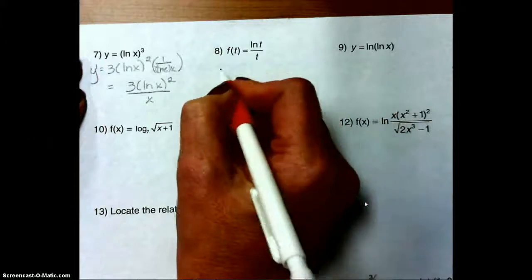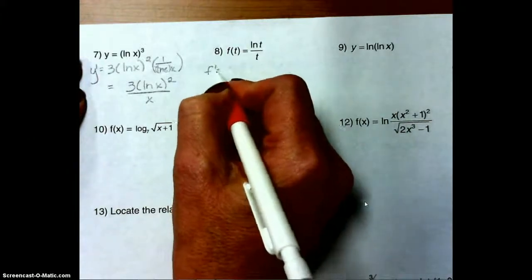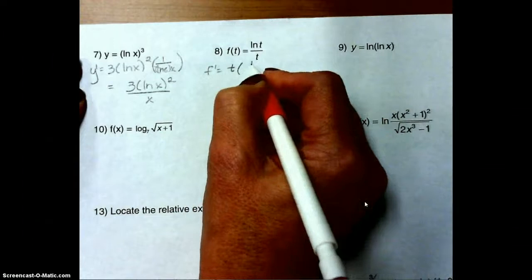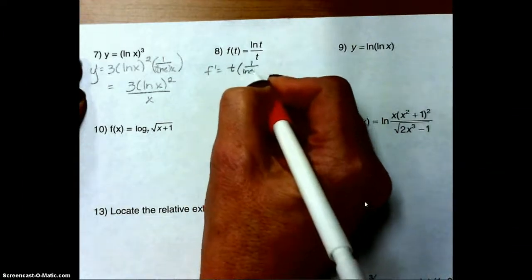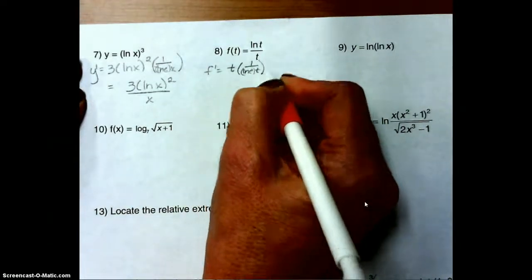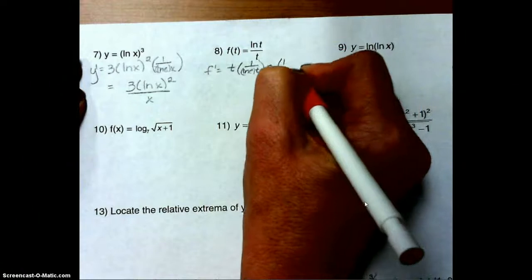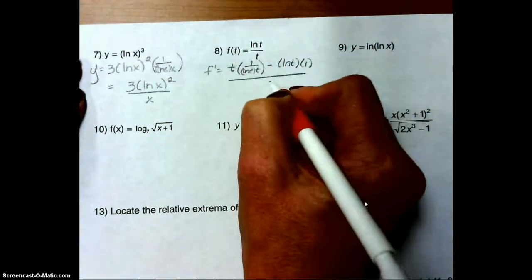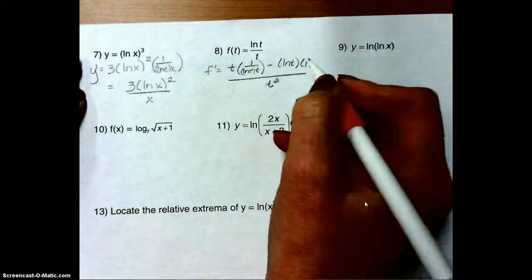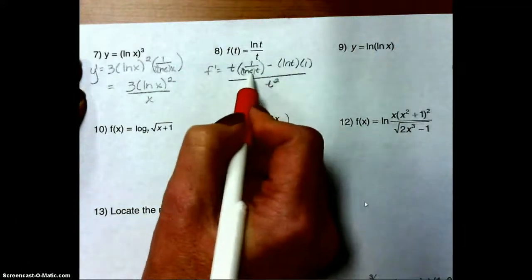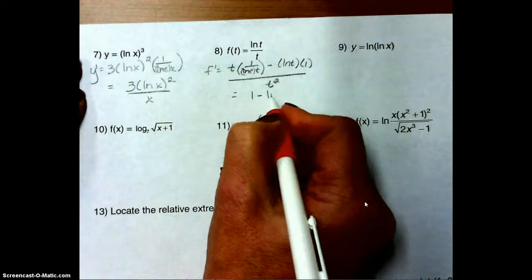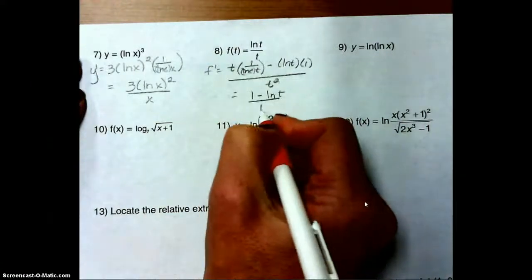You're going to do all the same things we've done before. The bottom times the derivative of the top minus the top times the derivative of the bottom over the bottom squared. Ln of e reduces, t and t reduces to 1, so I get 1 minus ln of t over t squared.